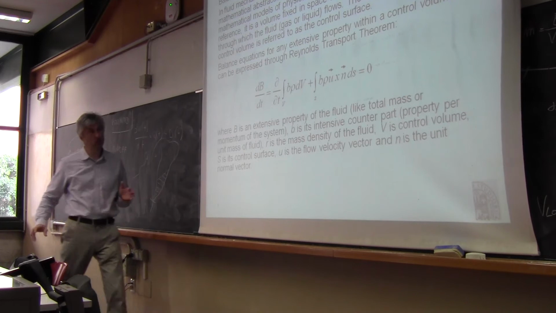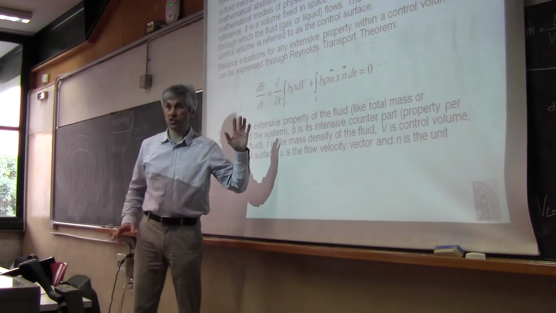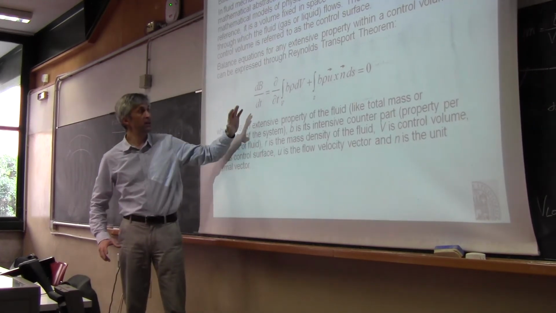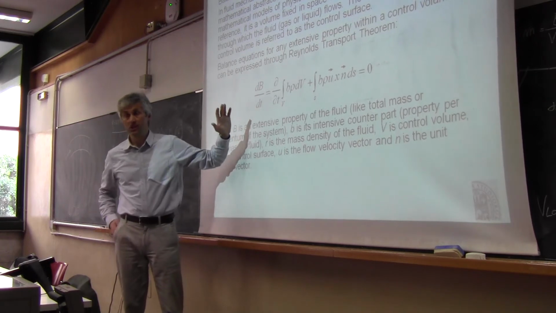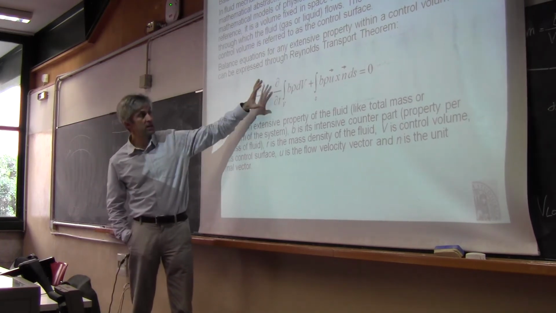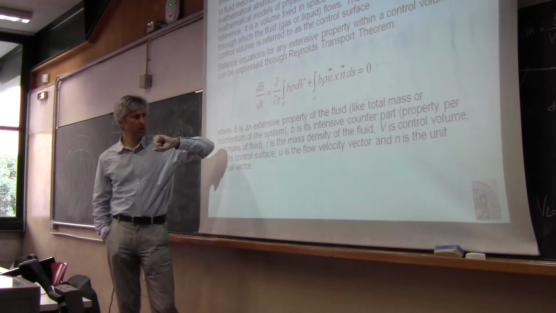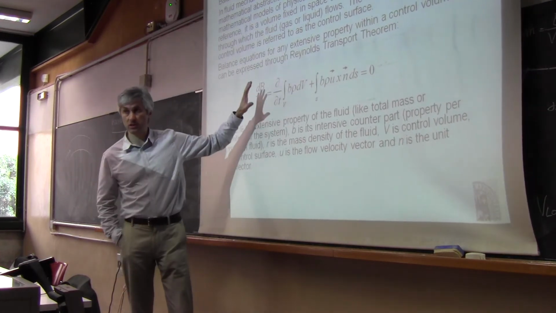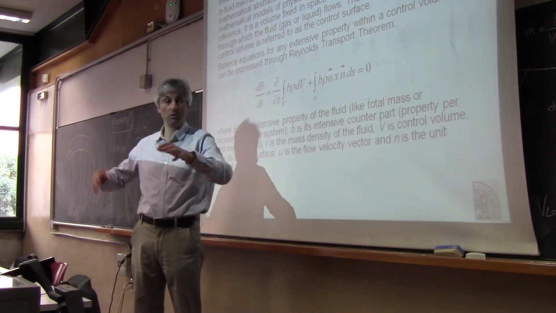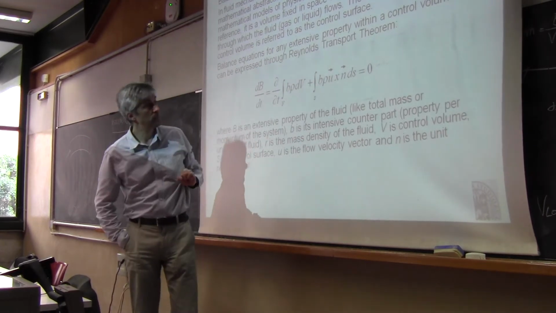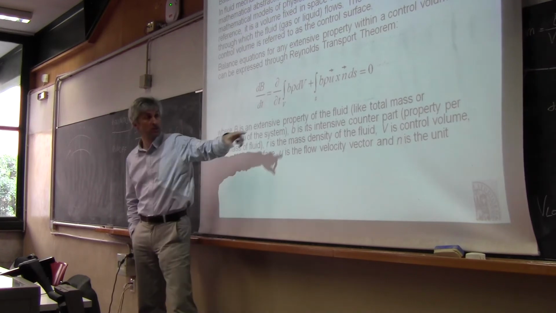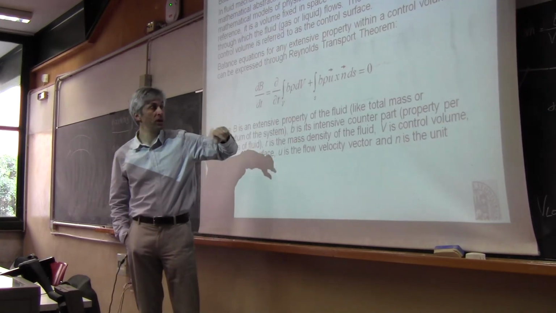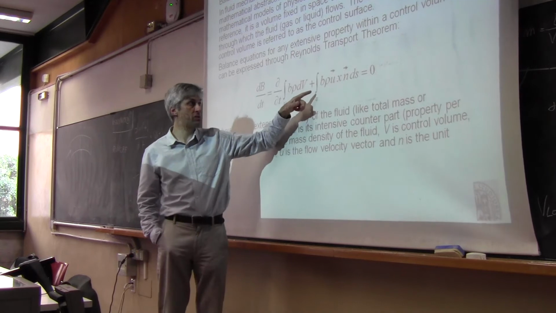But what's important to see here is that this change in the extensive property, you may represent it as the sum of two contributions: a source term inside the considered fixed volume and a flux through the surface S of the volume. And this flux, you can write it in this way.